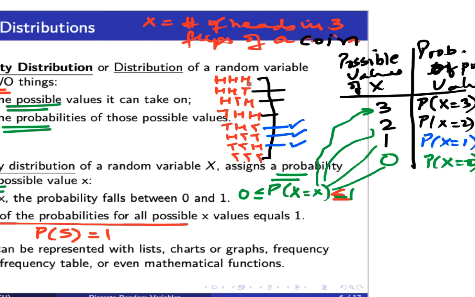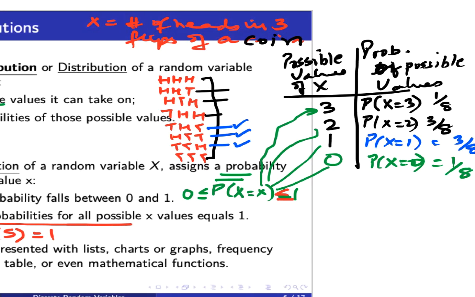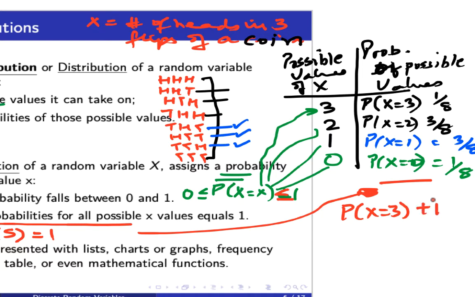So we all know that the probability of the sample space is 1, which simply says that the probabilities of each of these possible values, when you add them, should equal 1. This is what it's saying. It says that the probability of x equals 3 plus probability x equals 2 plus probability x equals 1 plus probability x equals 0 equals 1.